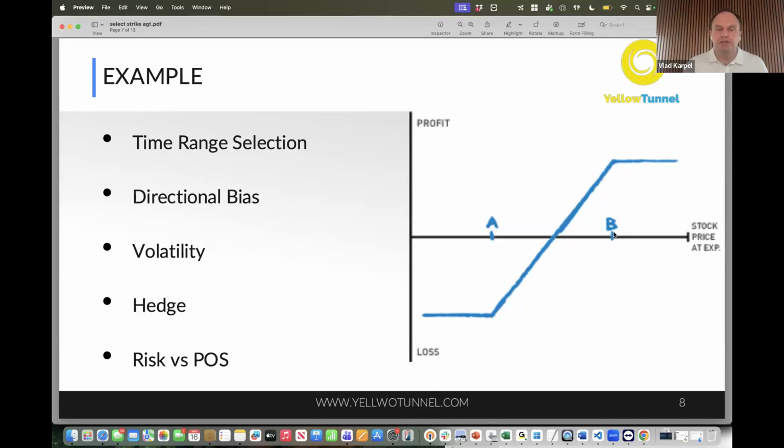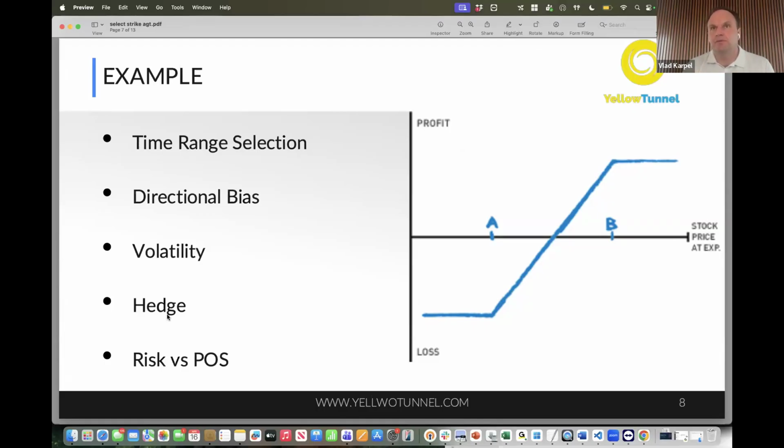So based on your time range selection and your directional bias, strike price will be influenced by these two directions. Volatility, right? Do you think that volatility is going to increase? Is the VIX going to 20, 25, 30, or is the VIX going to 15, 12? Based on the volatility, it also increases the range where the stock market can trade and hence your strike price selection.